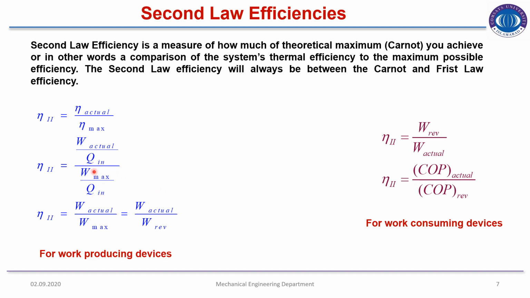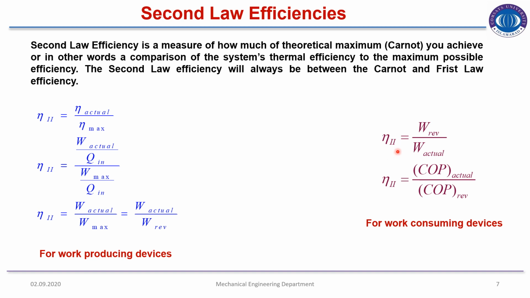If we are discussing a heat engine and have to find its second law efficiency, we will use the relation on the left hand side in blue color, and on the right hand side the equation is purple. For work consuming devices like refrigerators and heat pumps, we will use the relation on the right hand side in purple.